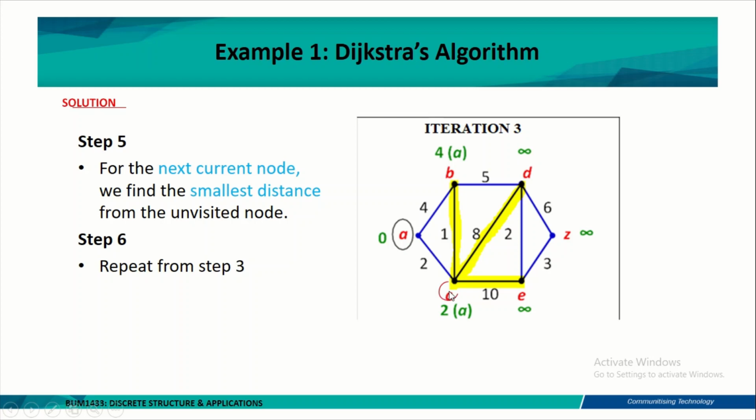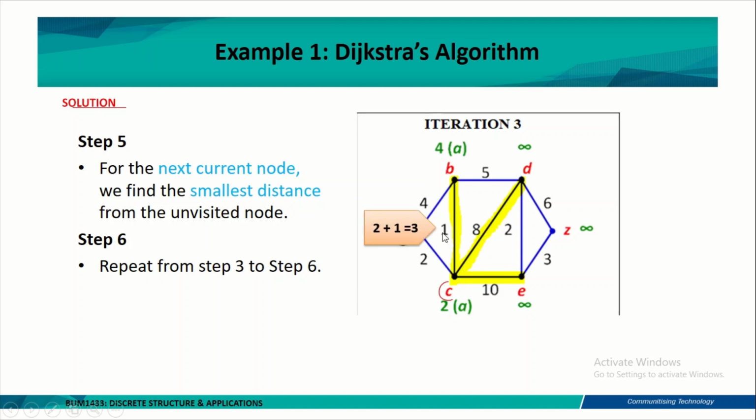C is adjacent to B, D, and E. C has distance 2 from A, and from C to B we have a value of 1, so 2 plus 1 gives a total of 3. This 3 is smaller than the previously recorded distance at B, which is 4.